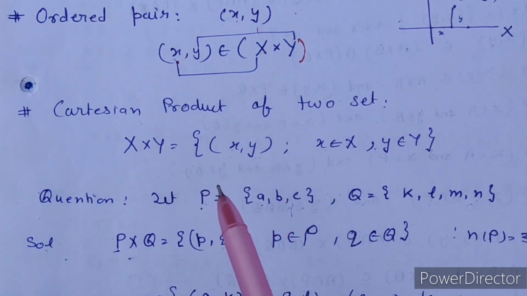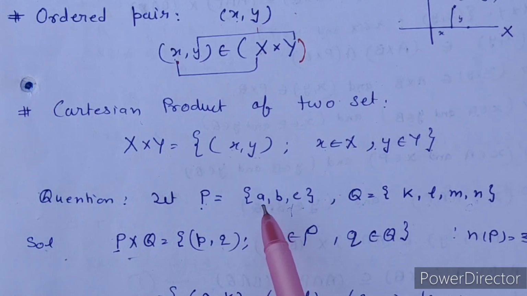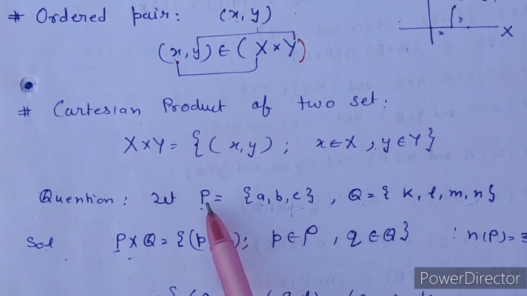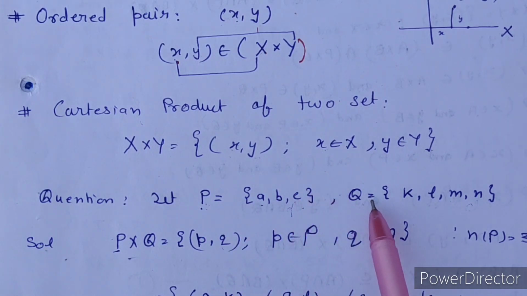Let us take an example in which P is a set which contains the elements A, B and C, and Q is the set that contains elements K, L, M and N. Now the number of elements in the set P are 3 and the number of elements in the set Q are 4.